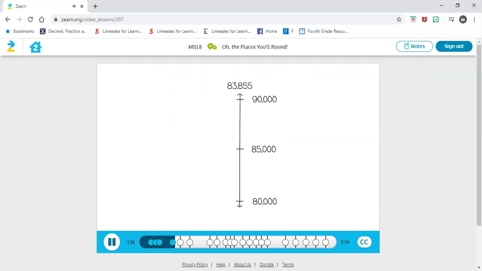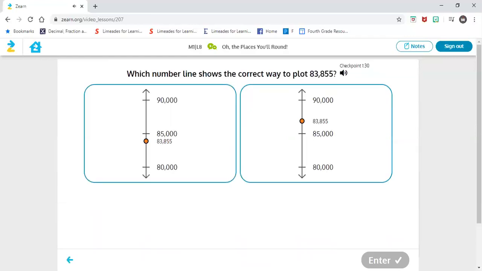Now let's plot. Where can we label 83,855 on the number line? Is 83,855 greater than or less than 85,000? Okay, so I'm going to look at the number that I'm trying to plot. So 83, is that higher than or lower than 85?